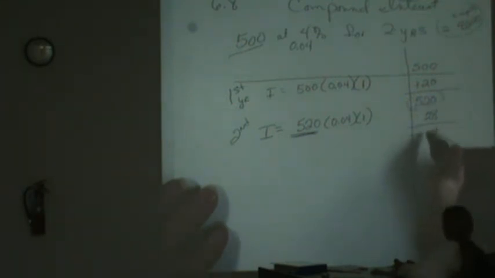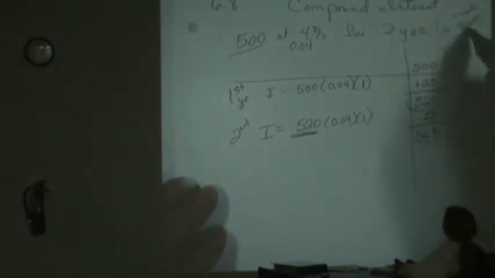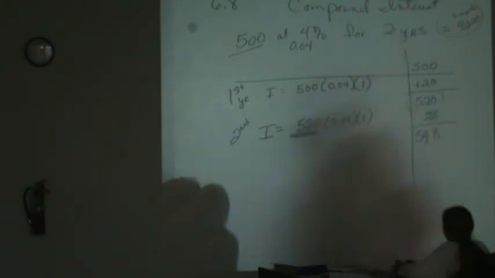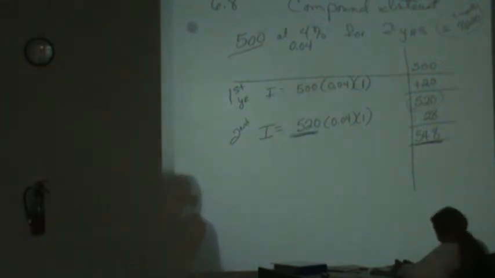So at the end of 2 years, instead of just getting $40 interest that you would have got if you multiplied simple, you have $548 instead of just $540. This is more lifelike. You're actually going to get interest every year, or pay interest every year if you borrow money.